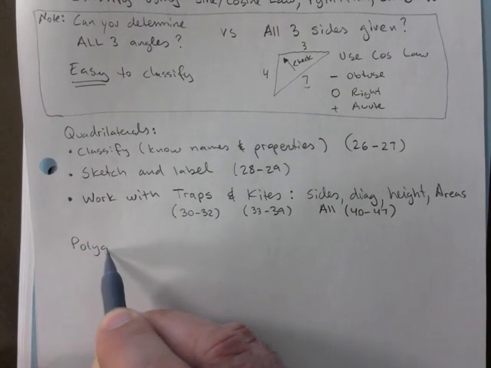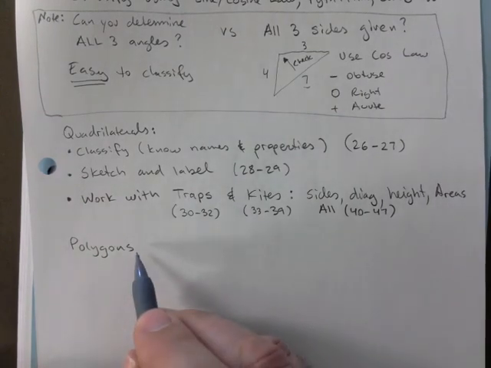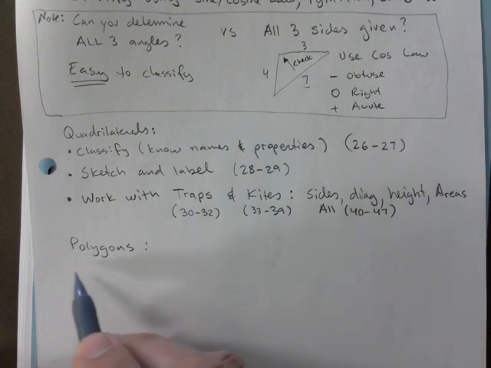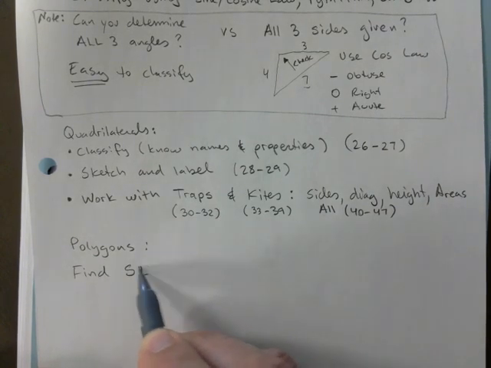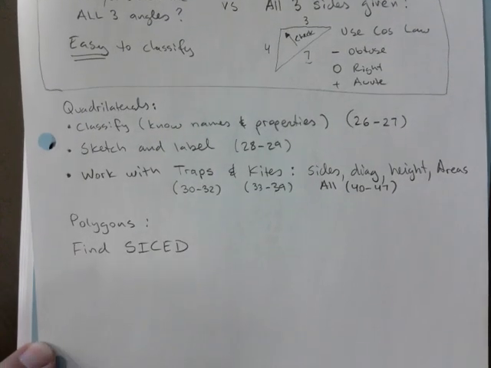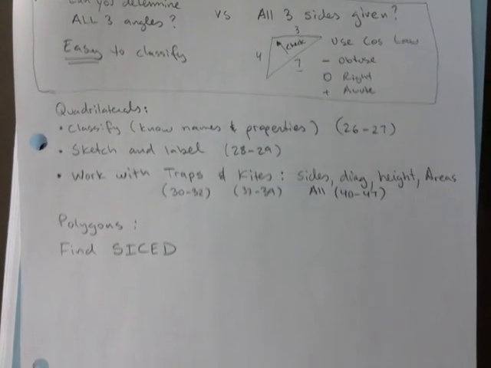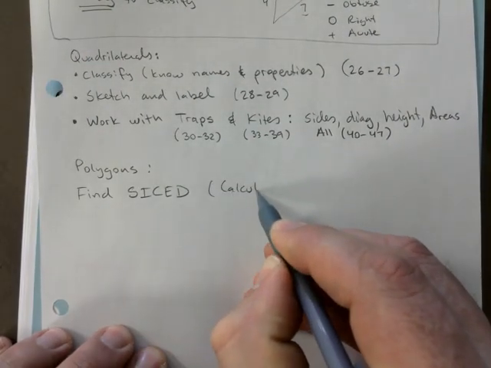Lastly, polygons. We're almost done here. I'm just going to say this, find. If you watch my video, you know what that means. Find those, you should be able to calculate. I will say that calculate, right?